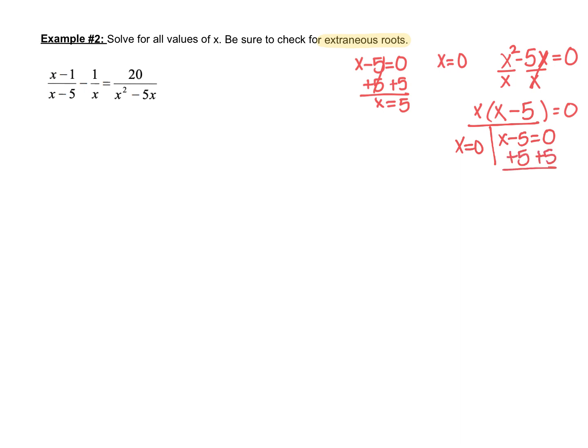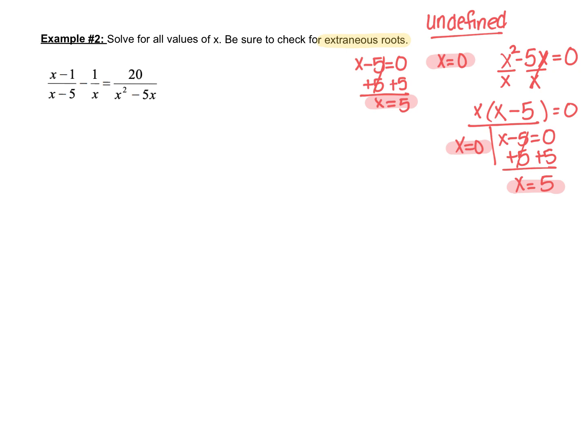Add 5 to both sides, and I get x equals 5. So it appears that these are my undefined values. So it appears that we are undefined at x equals 5, x equals 0, and 5 and 0 again. So it's okay that we get double, but if I get 0 or 5, I must reject it.